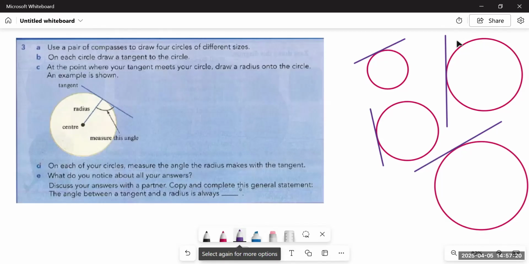An example is shown. Now what you have to do, you have to first of all mark the centers from where you have drawn the tangents. And then you have to draw a radius from the tangent like this.